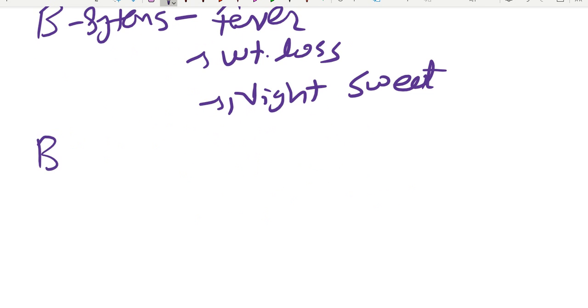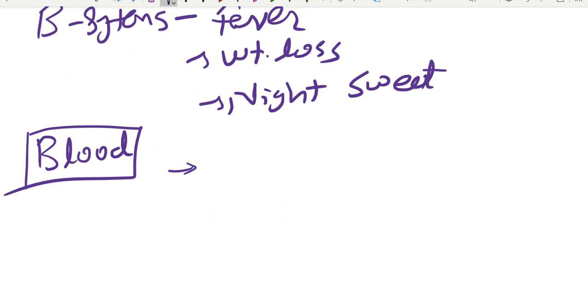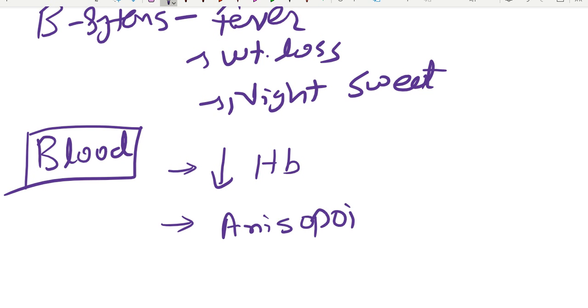Now we can see the blood picture of CML. There is initially an increased RBC count, but after that RBC proliferation is halted, so decreased RBC, and due to decreased RBC there is decreased hemoglobin. Anisopoikilocytosis is there.